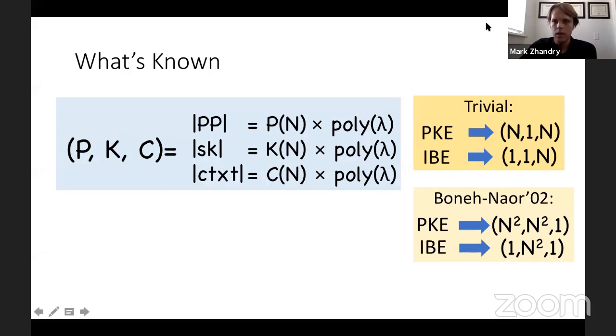What's known is, there's some combinatorial constructions just based on generic public key encryption, or you can do a little better based on identity-based encryption. There's a trivial construction where you just encrypt to every user separately. This has linear size ciphertext and public keys. And then there was an improvement using something called fingerprinting codes, which achieves constant size ciphertext, but at the cost of very large public keys and secret keys.